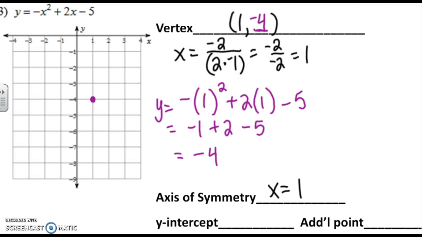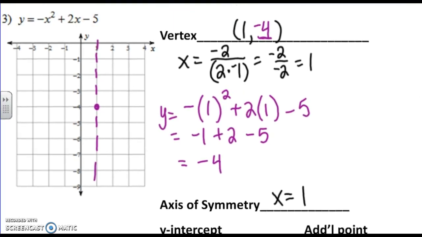So I get 1, negative 4 is my vertex. And we know that our axis of symmetry is also running through that from the first part. Your y-intercept is negative 5. And your reflection point is going to be 2, negative 5.